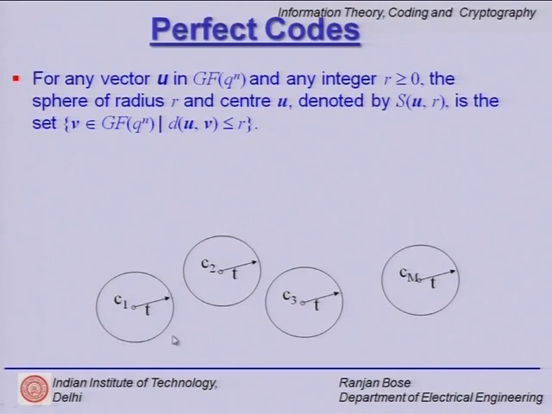Within this code space, centered at any code word C1, we can draw a sphere, a hypersphere, which has several points inside it. But again, each point is a vector of length n. Each of the points inside this sphere will have a certain distance in terms of Hamming distance from that code word C1.